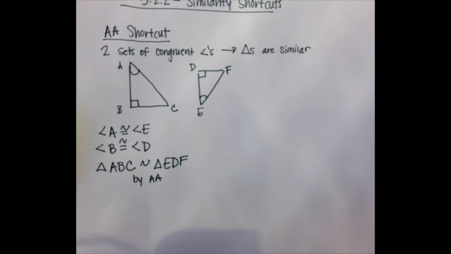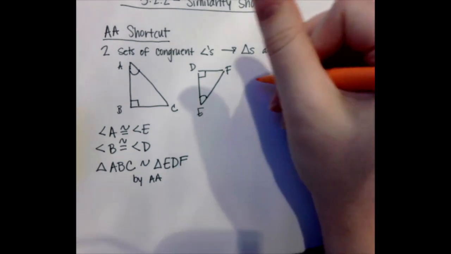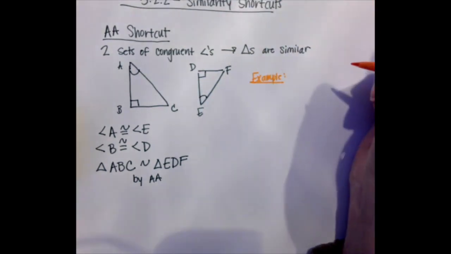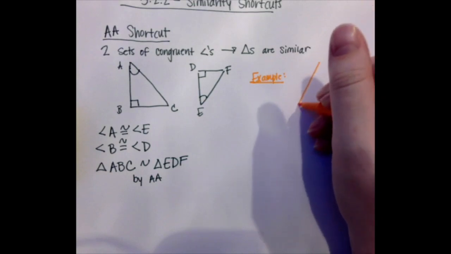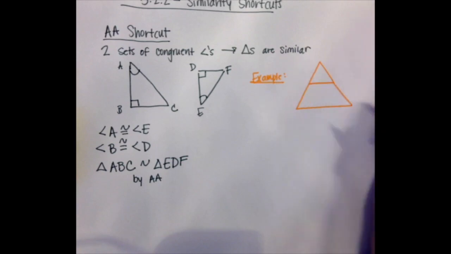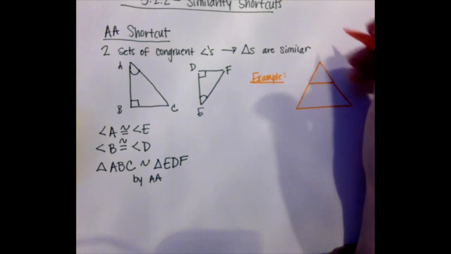So I want to show you one more example of the angle-angle shortcut. Let's say we have a picture like this. It's a very commonly used setup in geometry, where it's kind of a triangle within a triangle.